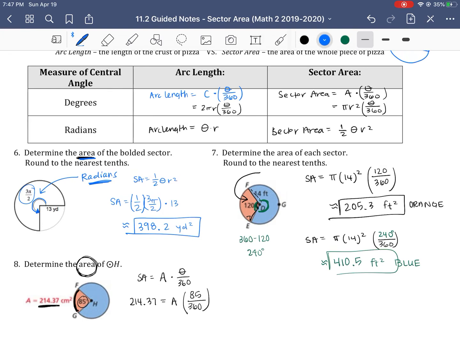Now the question is, how do I solve for A? Well, A times this is equal to that. So you just want to divide by that, and you guys can just do it all at once if you want. That'll get rid of that guy. Divide by 85 over 360. That leaves you with the area.